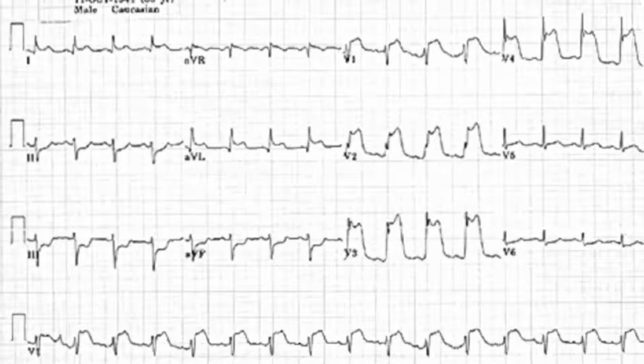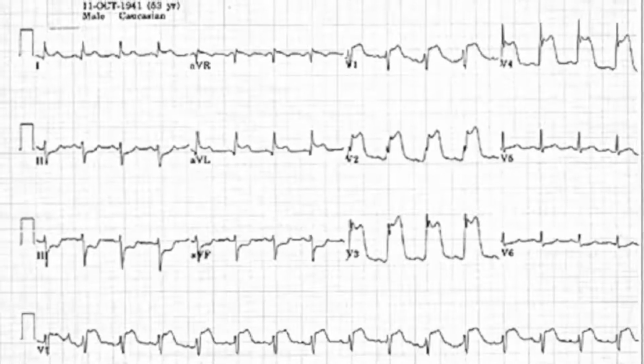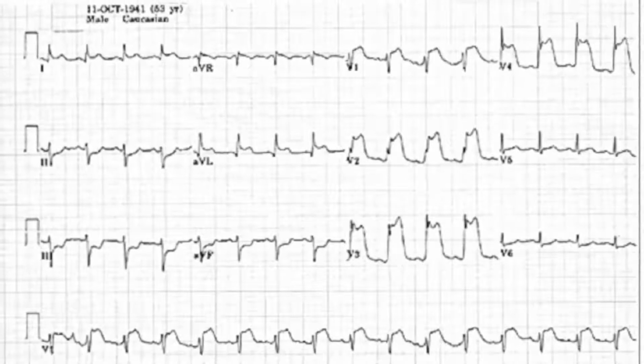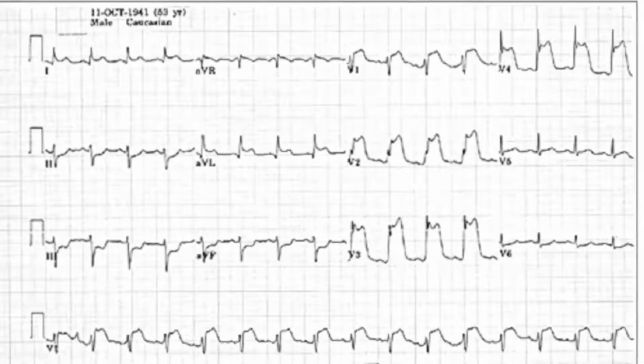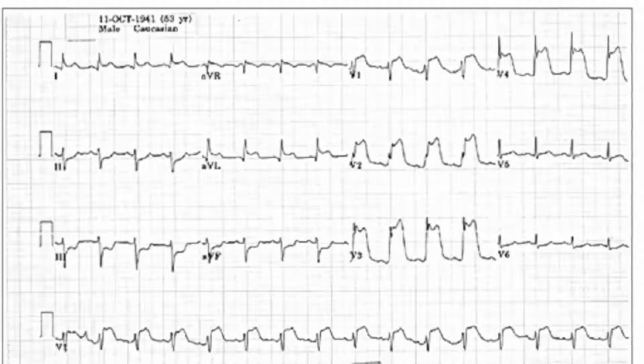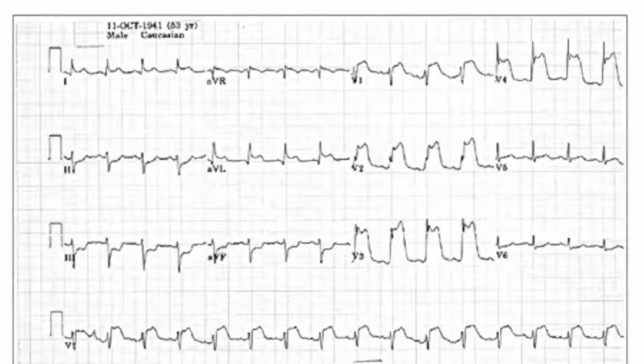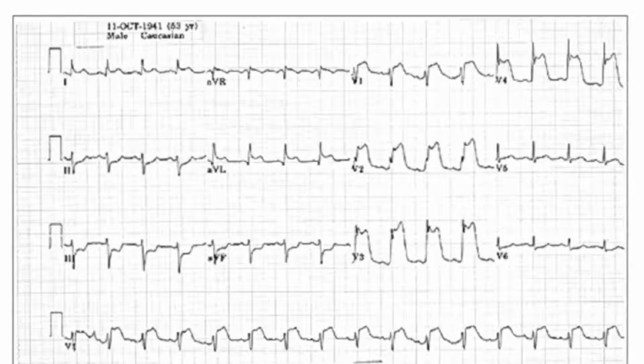So let's have a quick look at the waveforms of an ECG. This particular ECG here, let's assess it. So the rate, 300, 150, about 100. The rhythm, there's inverted P waves in AVR, there's upright P waves in 2, so it's sinus rhythm.